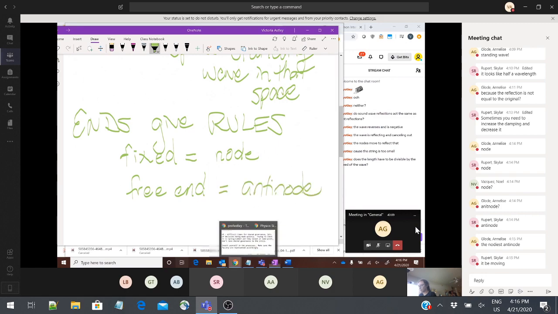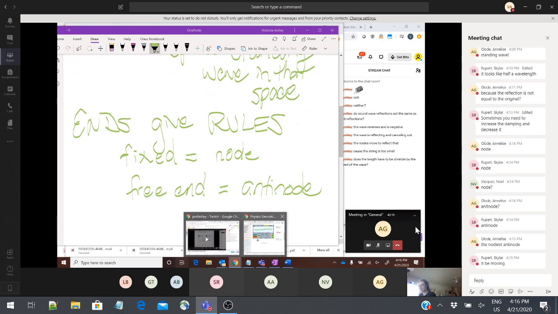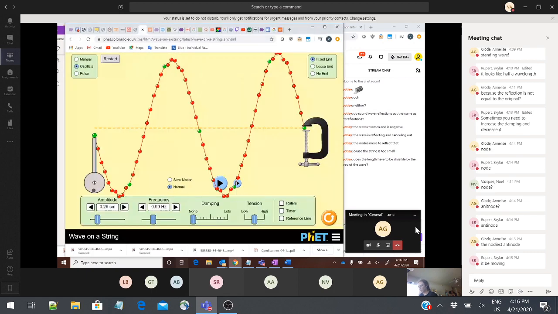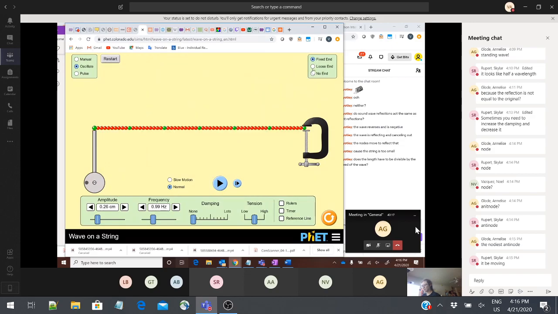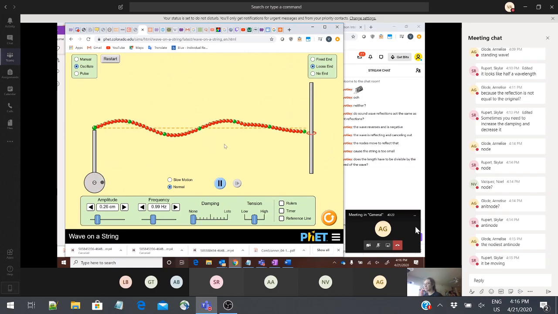So for example, if I swap back to here, I'm going to restart. I'm going to make this a loose end. So for this same frequency, do I get a standing wave? Kind of not. It sort of tries to and then dies.